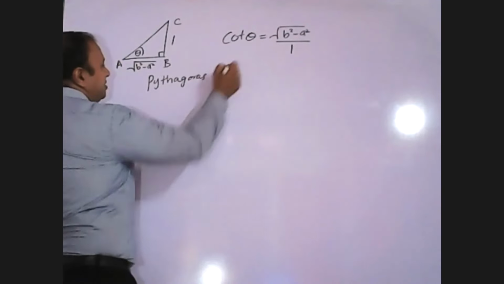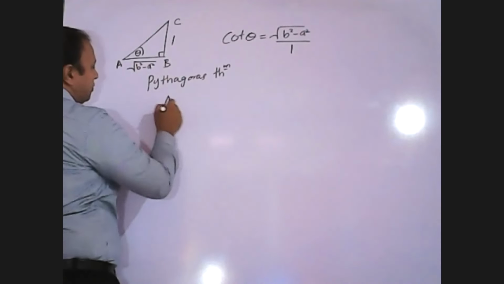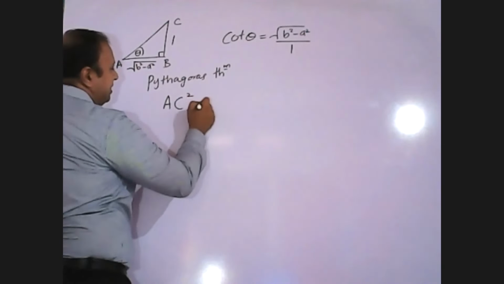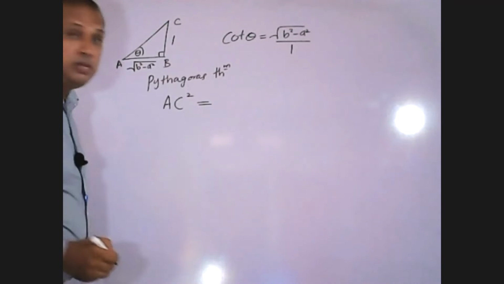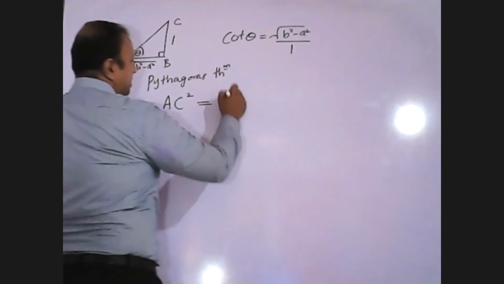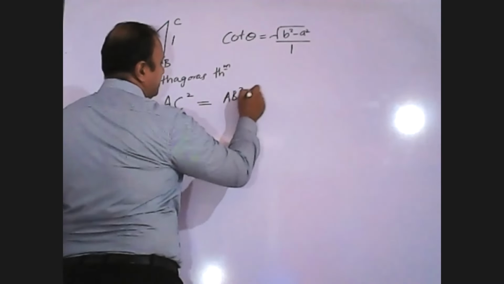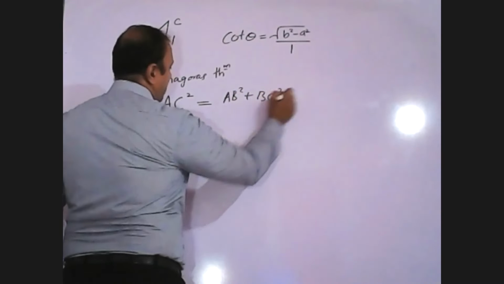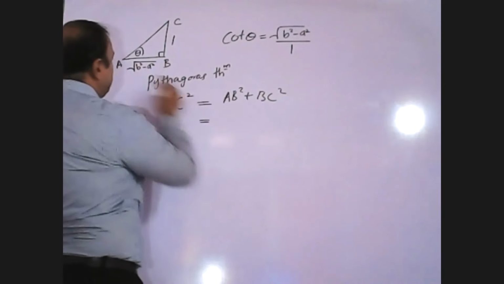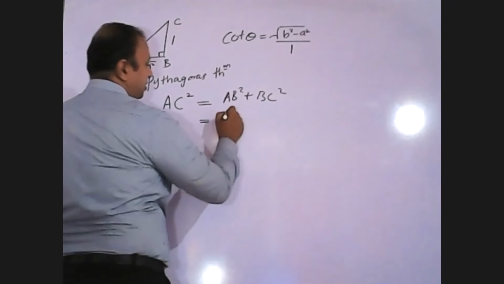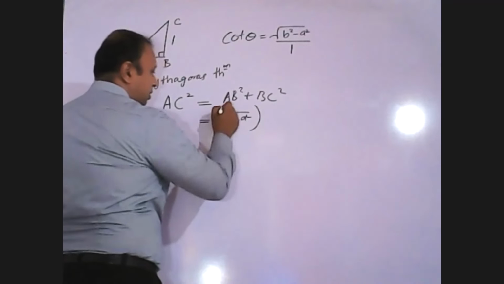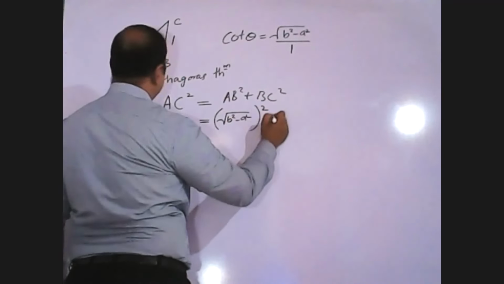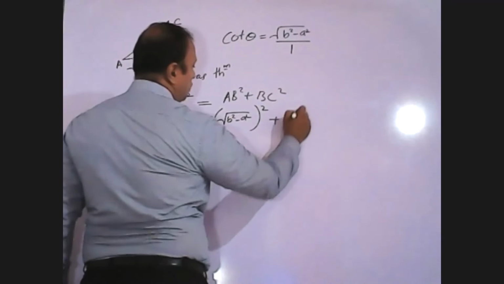So AC squared is equal to AB squared plus BC squared. AB is square root of b squared minus a squared, squared, plus BC, which is 1, squared.